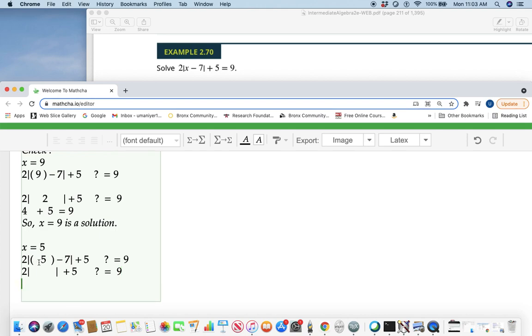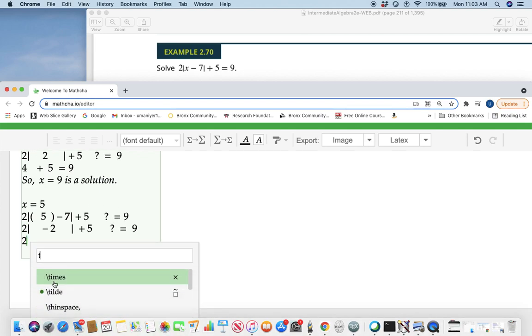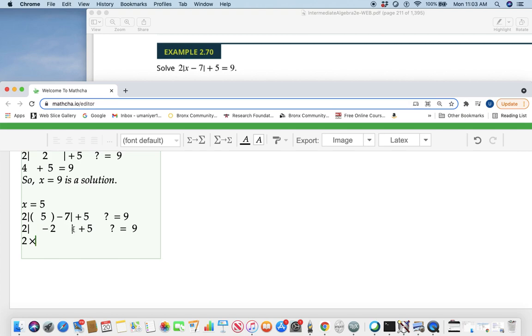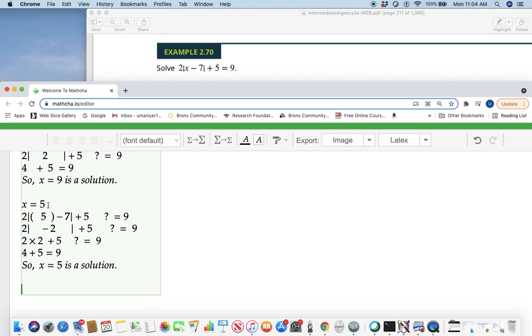Inside the absolute value, this is positive 5 minus 7, so that's a negative 2. 2 times. What is absolute value of negative 2? It's 2. Question: is it equal to 9? 4 plus 5 is 9. So yes, x equals 5 is a solution. So you have two solutions. Solution set is 9, 5.